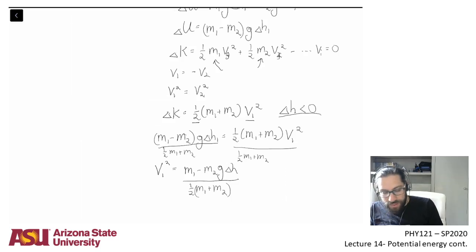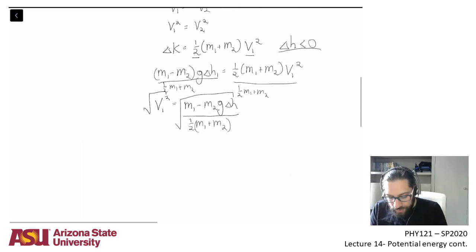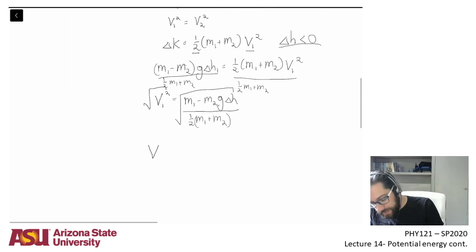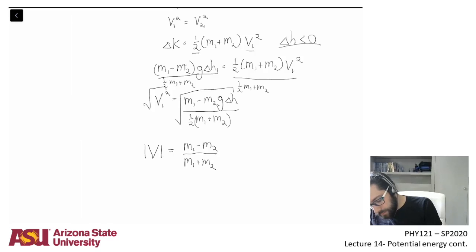I'm going to rearrange this a little bit and make this look something like what you might like. Then we can take the square root of both sides. So I finally arrive that the speed of both blocks is the square root of (m1 minus m2) over (m1 plus m2) times the square root of 2g delta h.